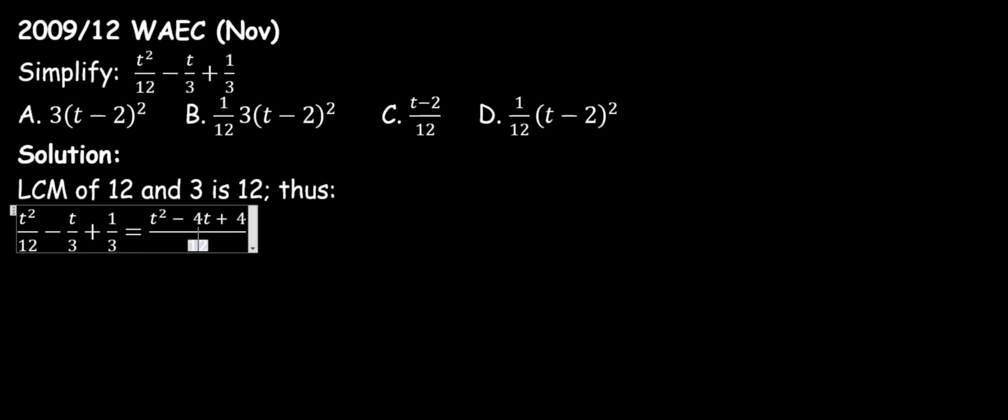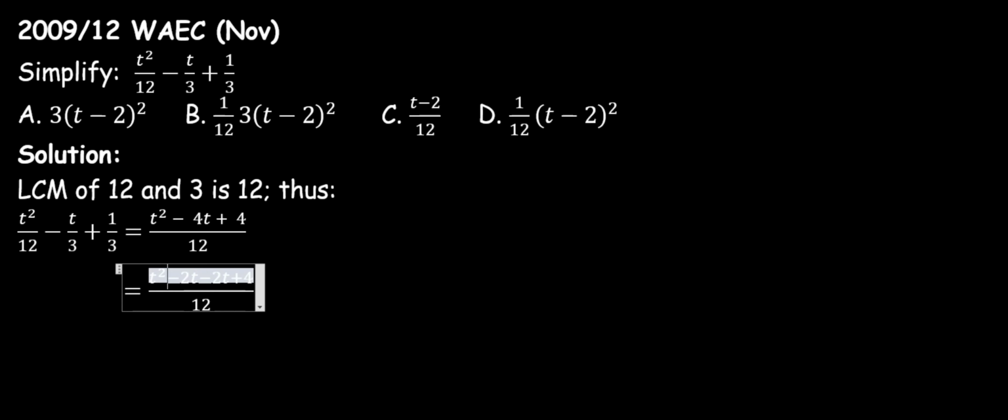And the next item, 3 divides 12, our result will be 4t. We have to factorize the numerator, which is a quadratic expression. The factors of plus 4 that when added together will give us minus 4 are minus 2 and minus 2. Hence, our t squared minus 4t plus 4 becomes t squared minus 2t minus 2t plus 4, divided by 12.